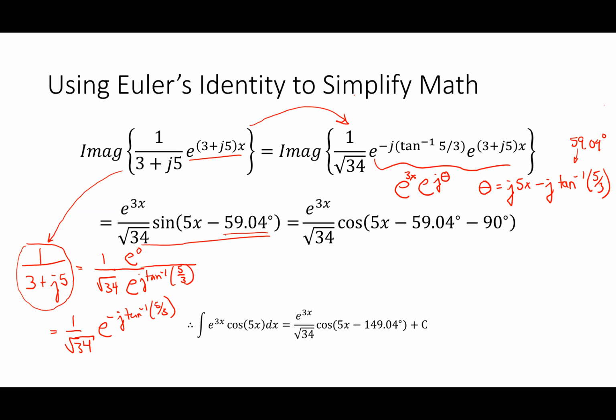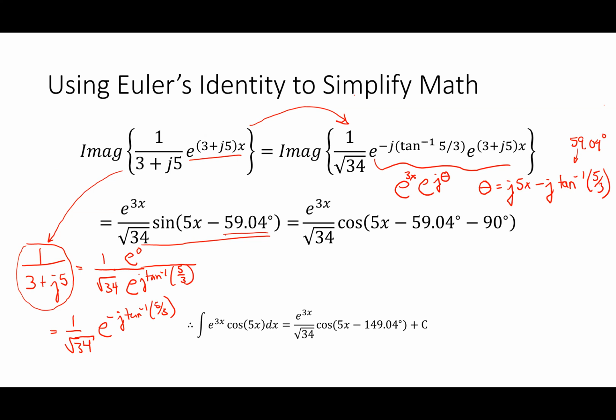Just confirming, because it's imaginary, you just take the j out. The j is no longer there because it's imaginary.